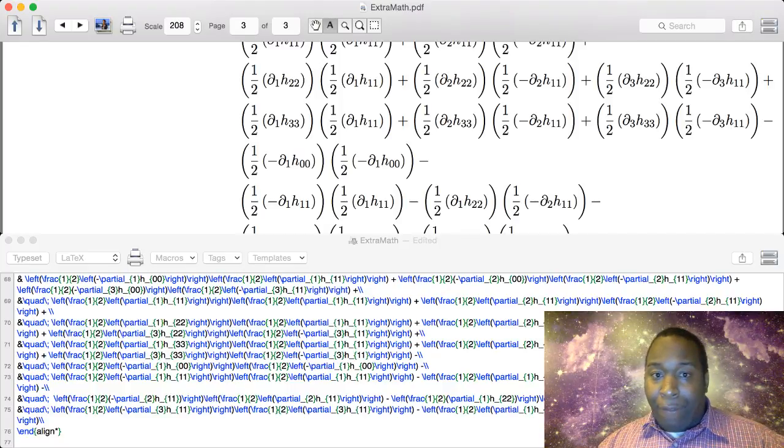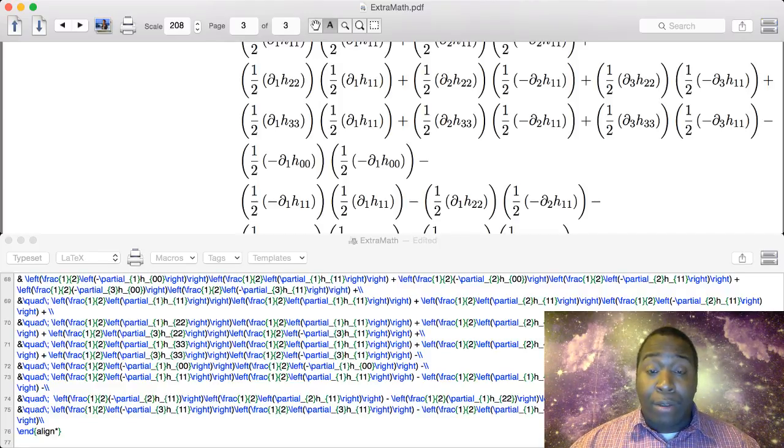To make that modification, we would take our flat space-time metric and add on to it what we can call a perturbation matrix or a perturbation metric. In this case, our perturbation metric is represented by these H terms we're seeing here. And so essentially what's going on in this particular problem we're working on right now is that we're taking the partial derivatives of the elements within our perturbation matrix.